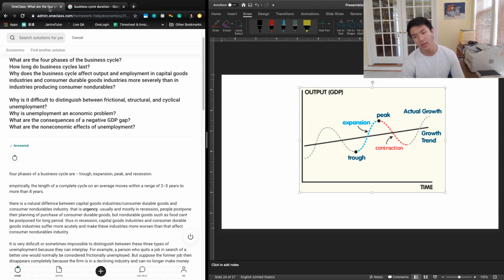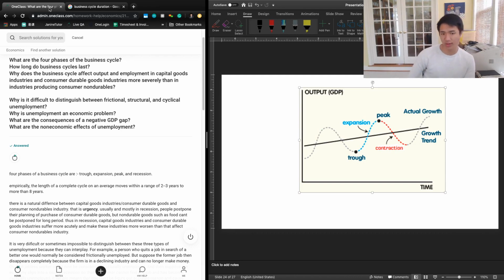The reason for that is because with durable goods, you can delay your consumption of most of those goods. Those durable goods are usually not as necessary in the short term, and they're not necessarily priorities for consumers at all times.